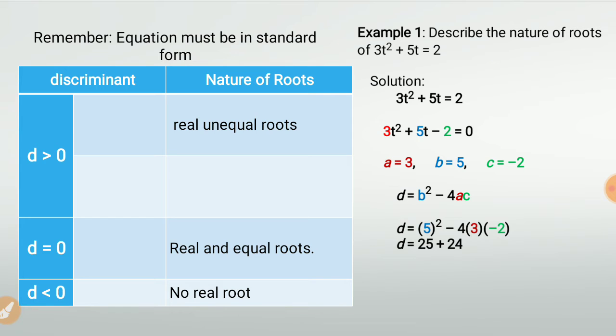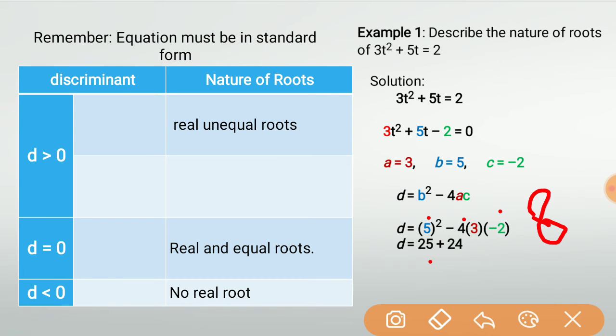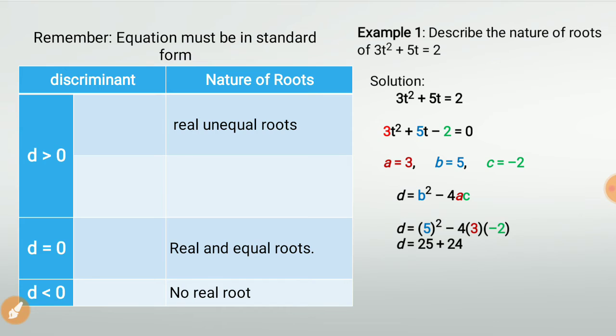This 5 square gives me 25. This -4 and -2 will multiply together and become +8, right? And we have 3, so we will multiply 3 in that. So 8 threes are 24. So this way you will get D as 25 plus 24.